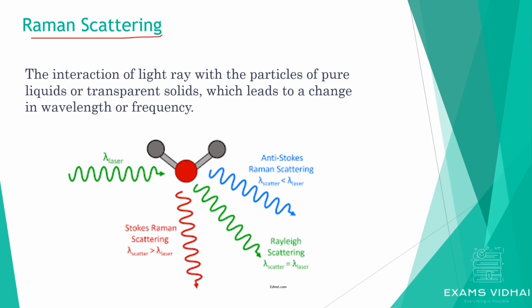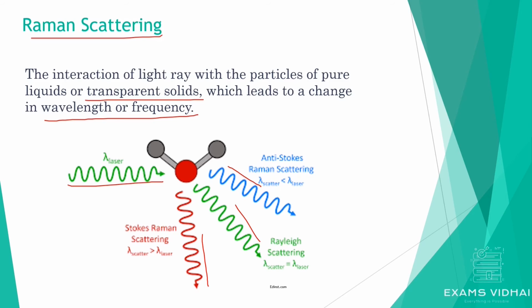Raman scattering. The interaction of light rays with the particles of a pure liquid or transparent solid which leads to a change in wavelength or frequency of the incident light, then this kind of scattering comes into play. So this is the incident light and these are the scattered light.